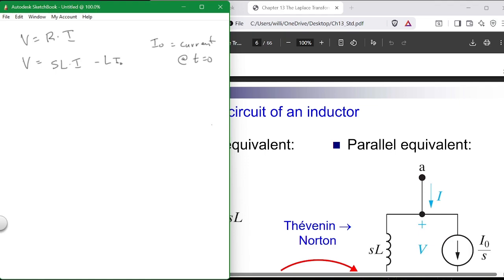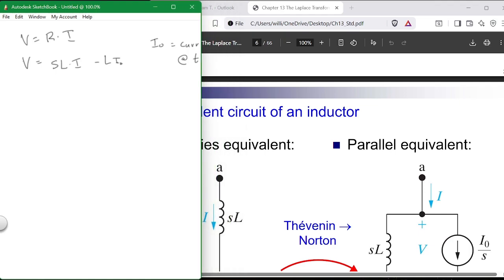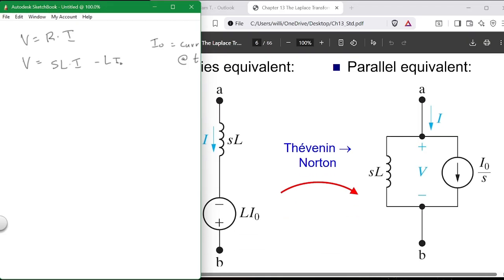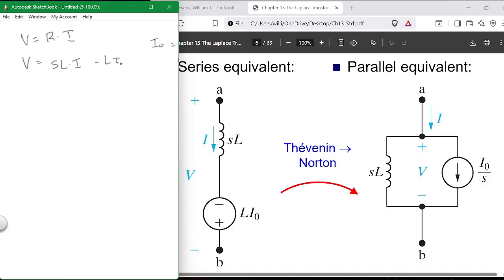Here's the equivalent circuit for that. When you look at it, you say, what on earth is this guy saying? Well, he's basically saying this: when you see an inductor in a circuit, you replace it with this or this. So make a crib sheet, that's my suggestion, and write this down.